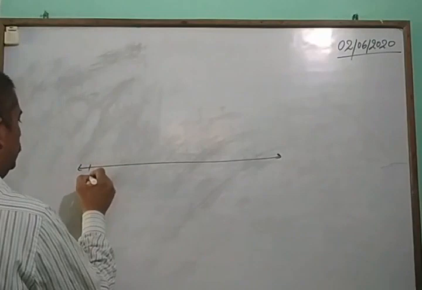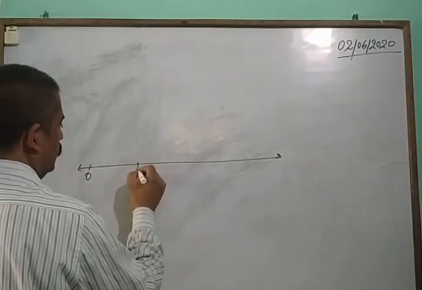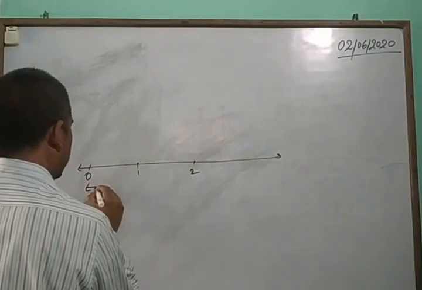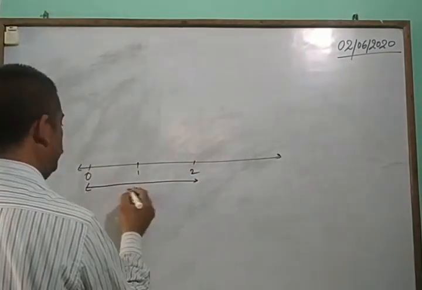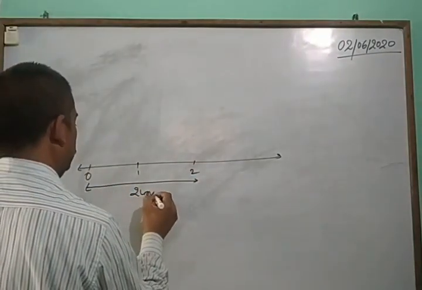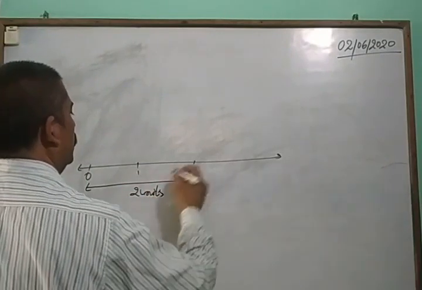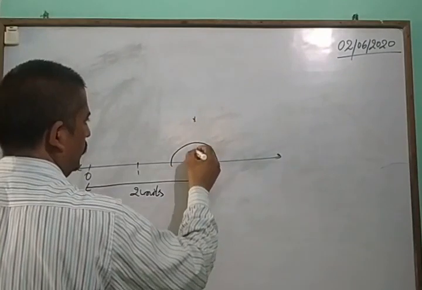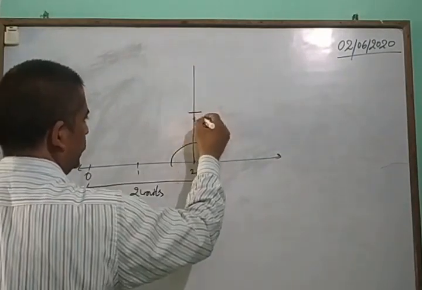Take 0, 1, 2. So that's the 2 units. Again we make the right angle and we take the 1 unit.